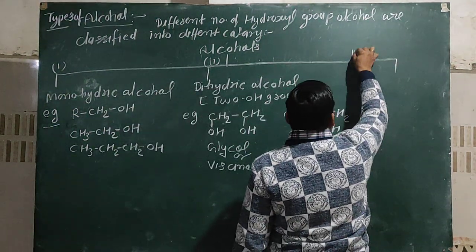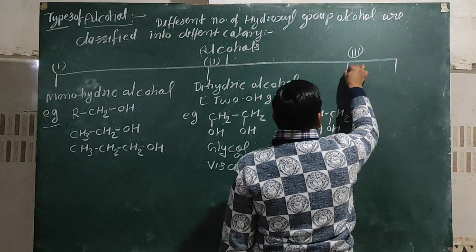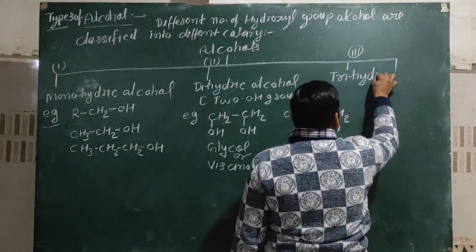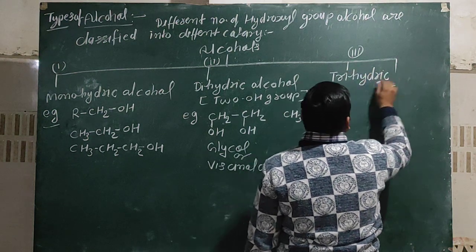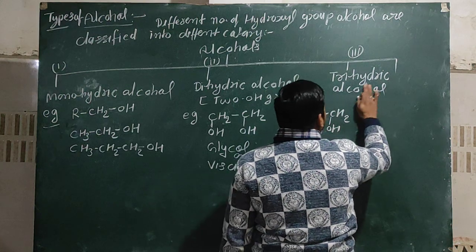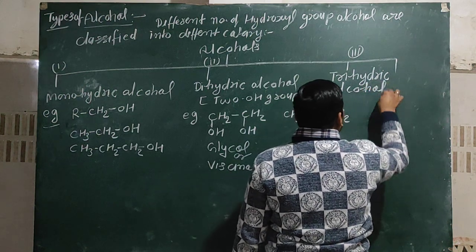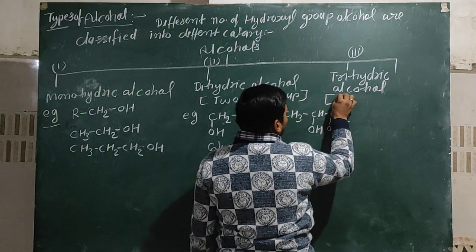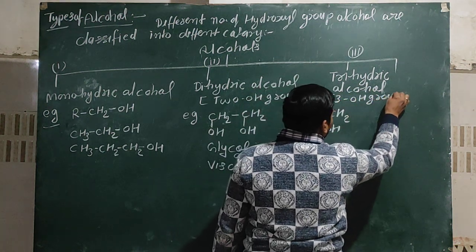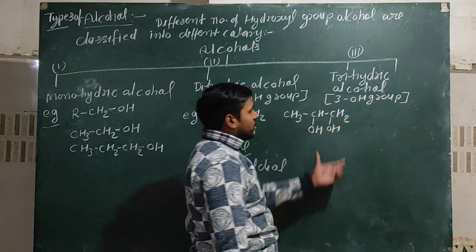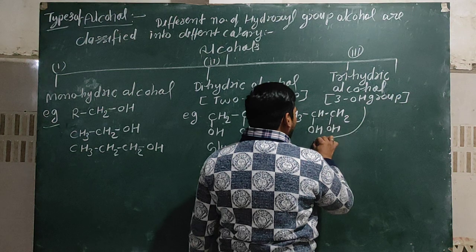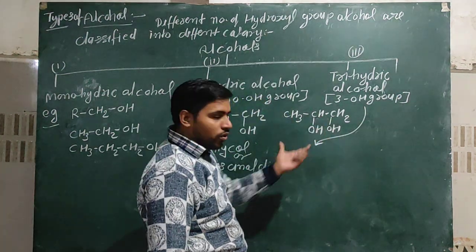Third is known as trihydric alcohol. Trihydric alcohols are those which contain three OH groups in their structure. The alcohol which contains three OH groups in its structure is known as trihydric alcohol.